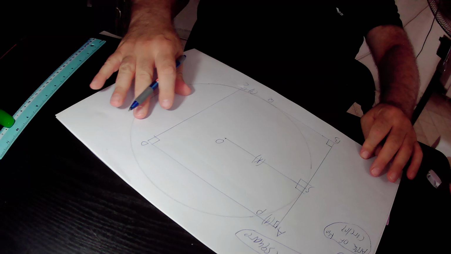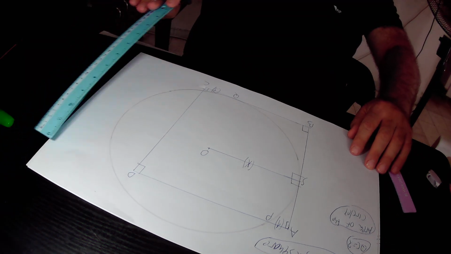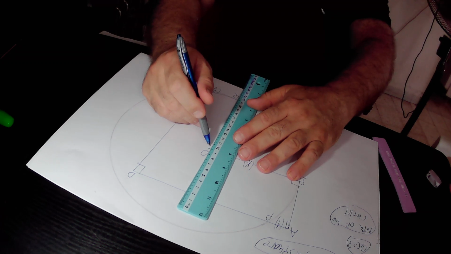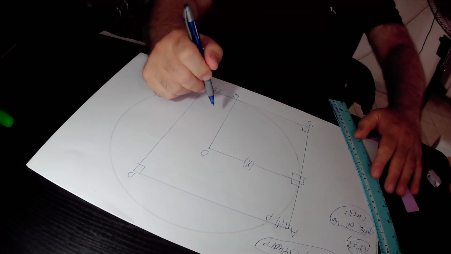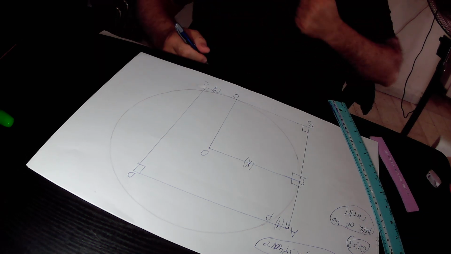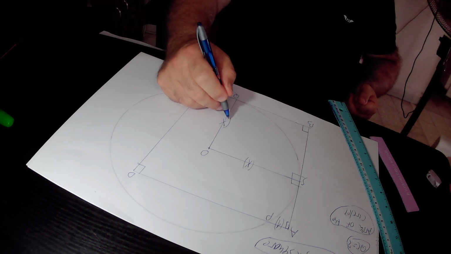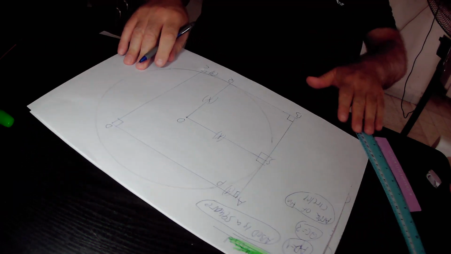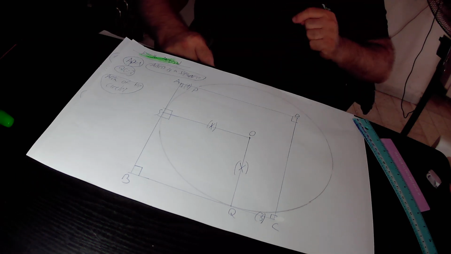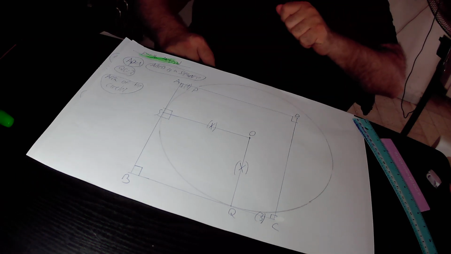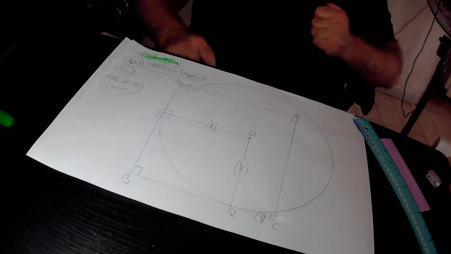In the next step, we join points O and Q together by a straight line. Line segment OQ is of course the radius of this circle, equal to x. Here you can apply rule 1 because the radius OQ, equal to x, is drawn to point Q, the point of tangency of tangent BC with this circle.